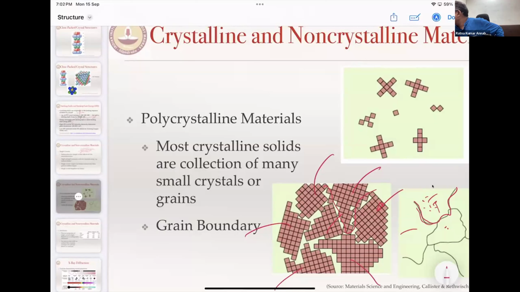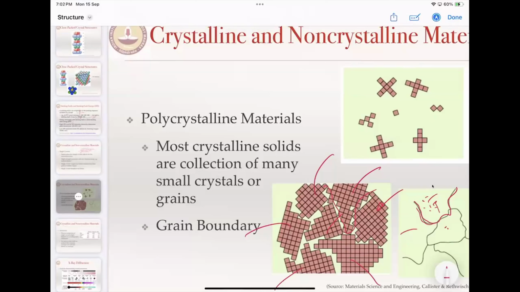Most of the failures in general initiate at the grain boundaries. So we can orient this according to our needs. Yes, that is what people call grain boundary engineering. By playing with the grain boundary, you can change the material properties. We will talk about it in the class as well.